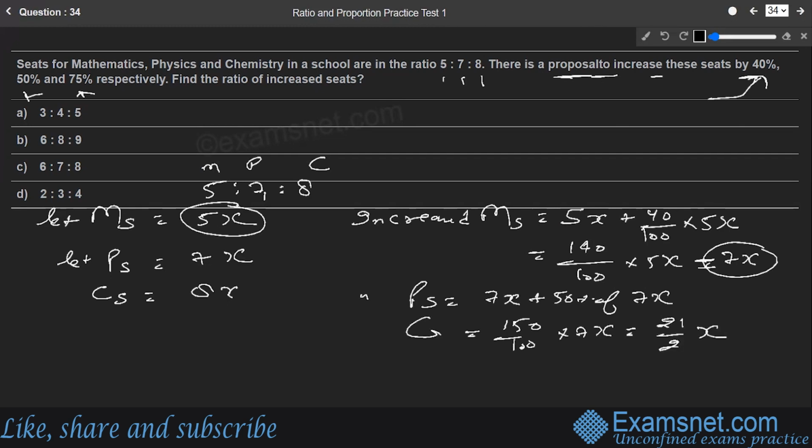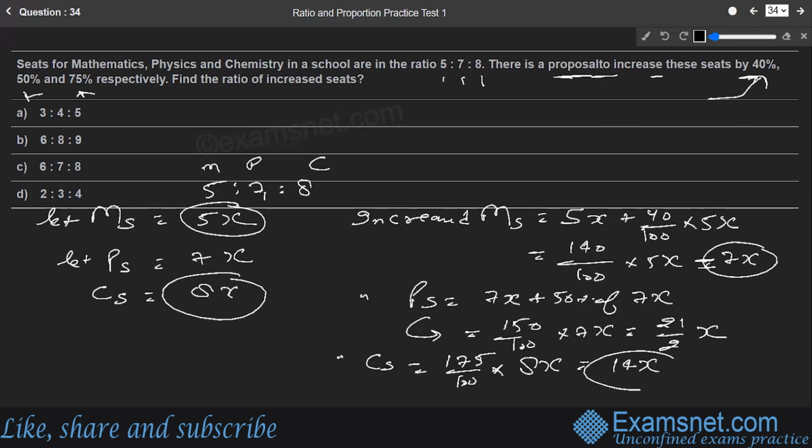That will be the new seats for physics. Similarly, the increased seats for chemistry can also be found. They say it has to be increased by 75%, so it will be 175% of the original seats, 8x. If we solve this, it comes out to be 14x. So these are the increased seats in front of us: 7x, 21 by 2x, and 14x.